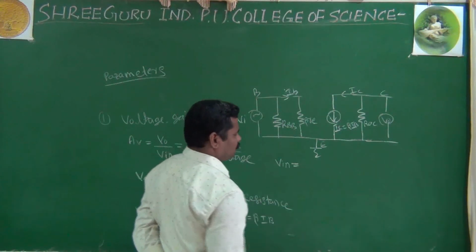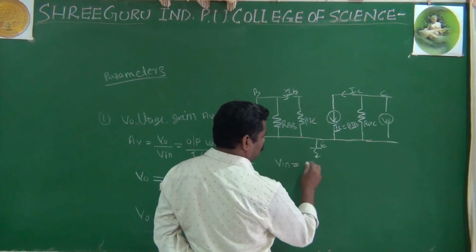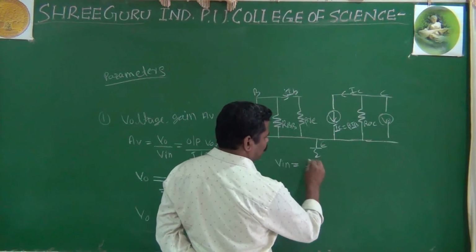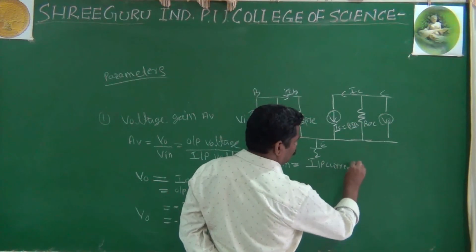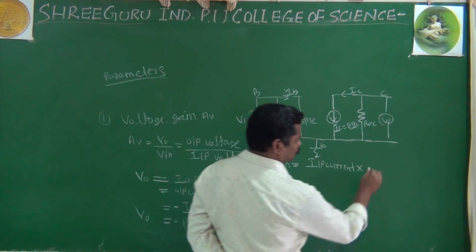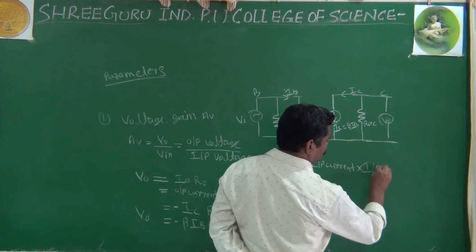You can use the same formula, I into R: input current into input resistance.